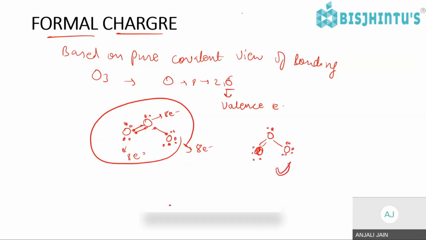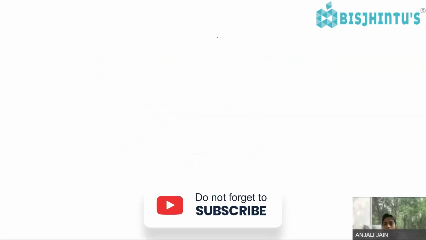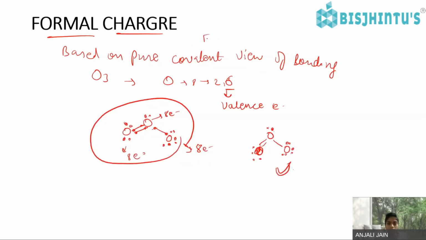There is a formula to calculate the formal charge: V minus L minus 1 by 2 S. The valence shell electrons in the oxygen in the ozone molecule is 6, minus L, the total number of non-bonding lone pair electrons.